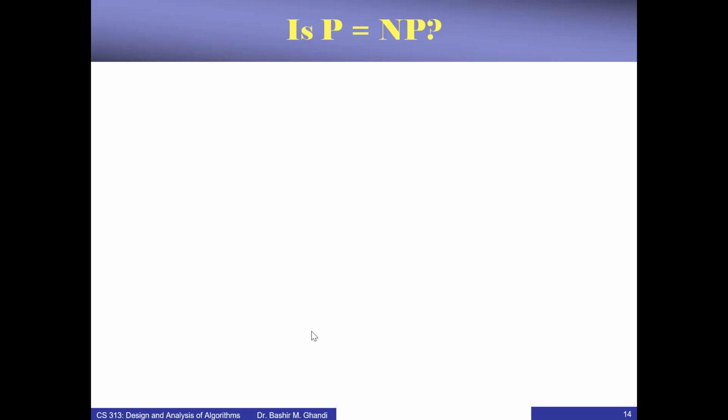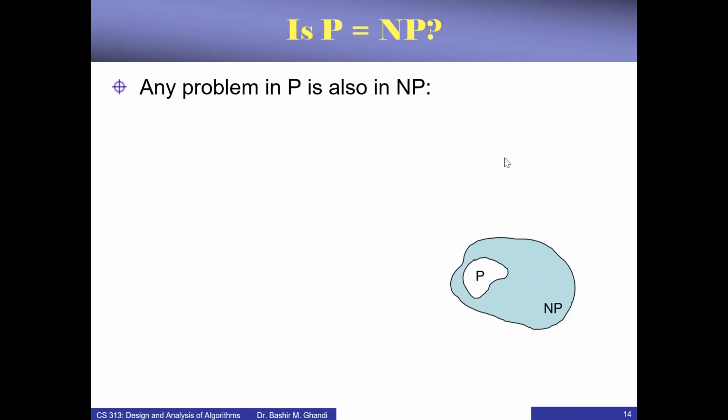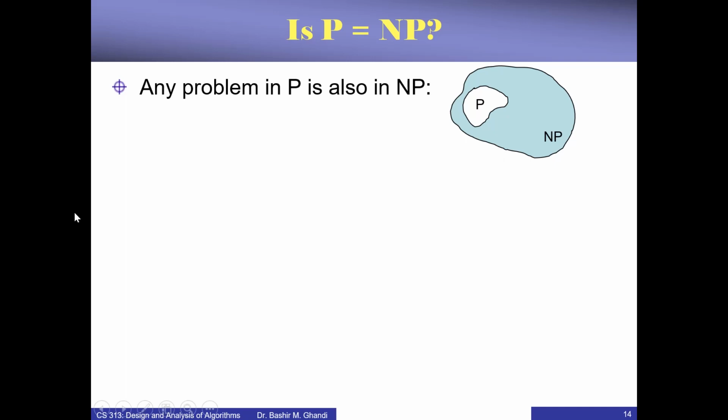Now the next interesting question is whether the two classes we have seen so far are equal. Is P equal to NP? One thing we can observe is that any problem in P is also in NP, because a problem in P can be solved in polynomial time, not just verified.